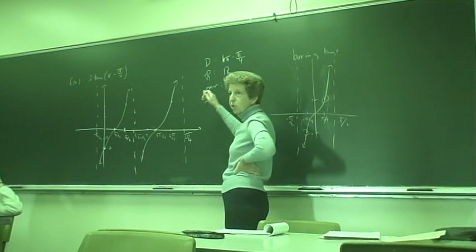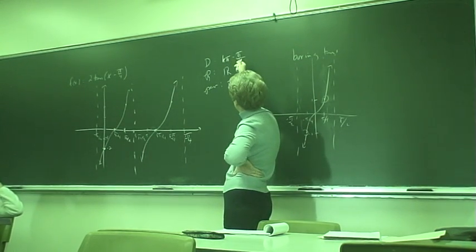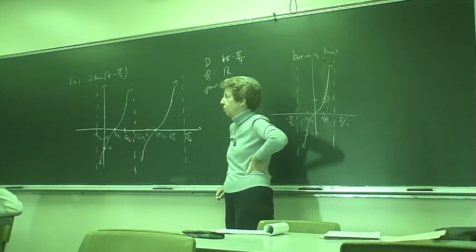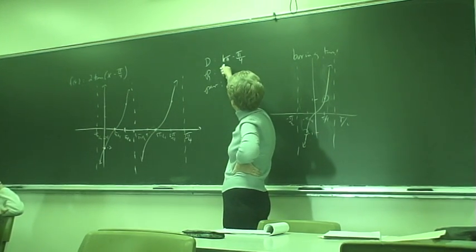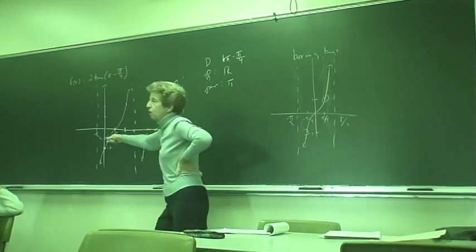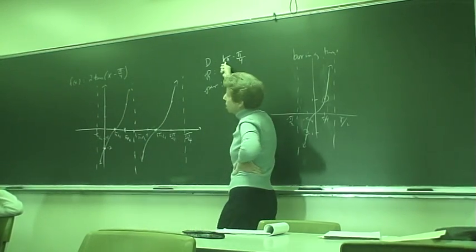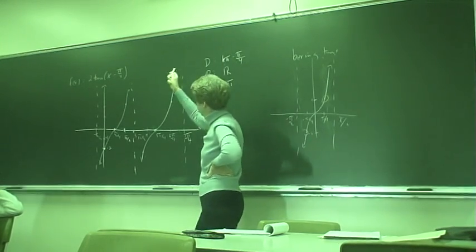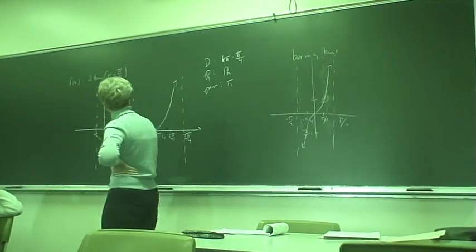Let's first see if we believe that this is right. How can I check to see if Nathaniel's right? Plug in integers for k. So I put in 0, I get negative pi over 4. When I put in 1, I have pi minus pi over 4, which is 3 pi over 4.